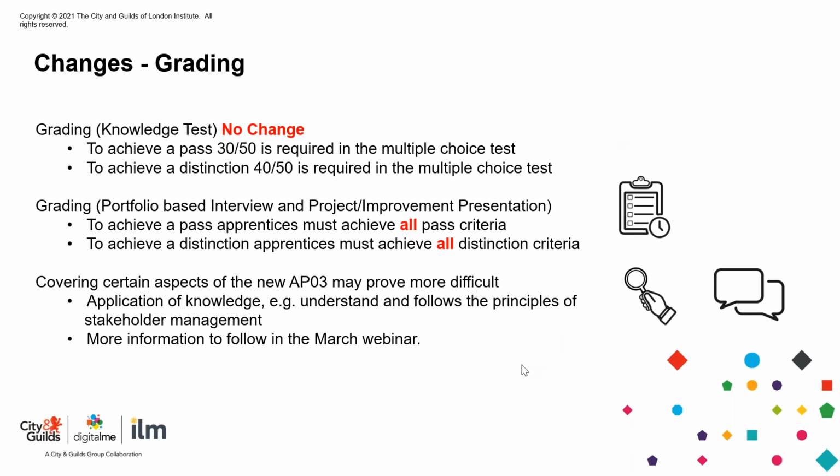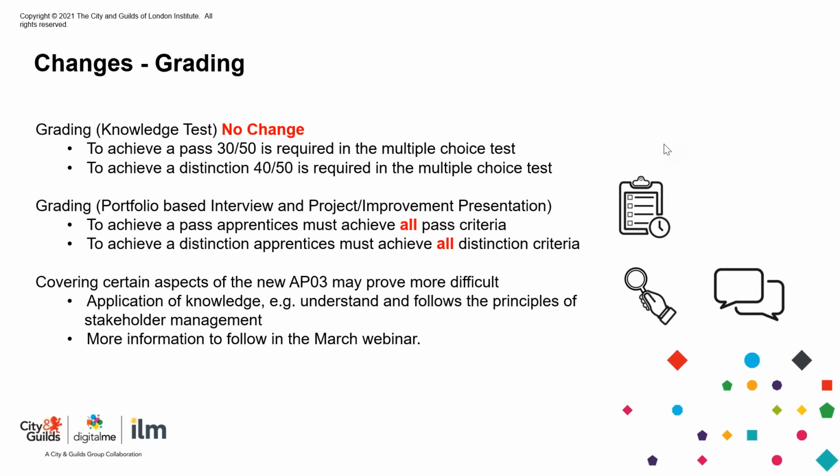Okay, in terms of grading, the knowledge test remains the same. We still have 50 questions in total, and the time allowance for the test is exactly the same. In terms of pass and distinction, they still need to have 30 questions correct out of 50 in order to get a pass, and apprentices will need to have 40 questions correct out of 50 to achieve a distinction.